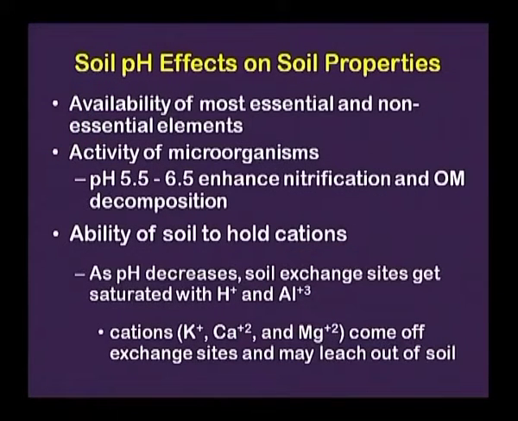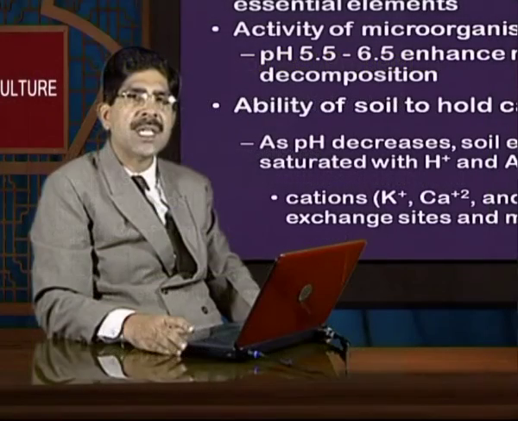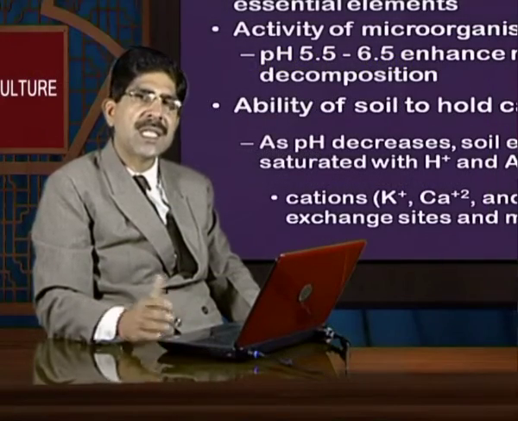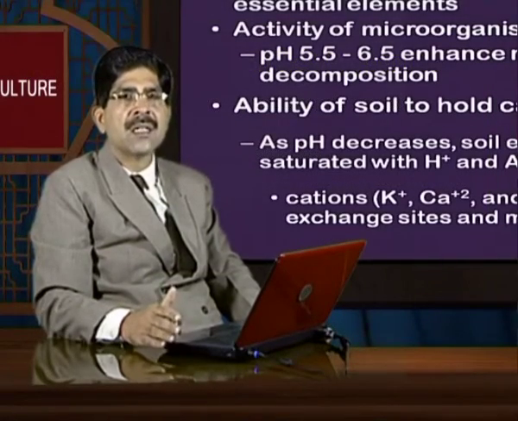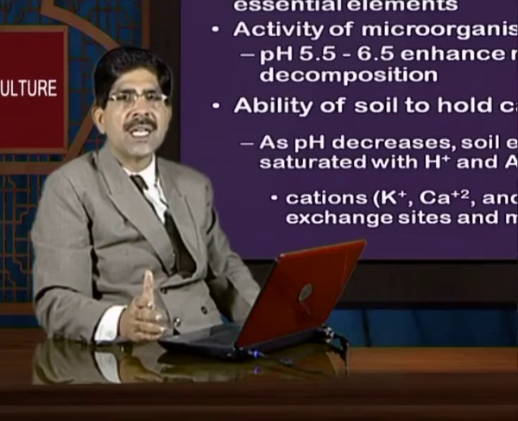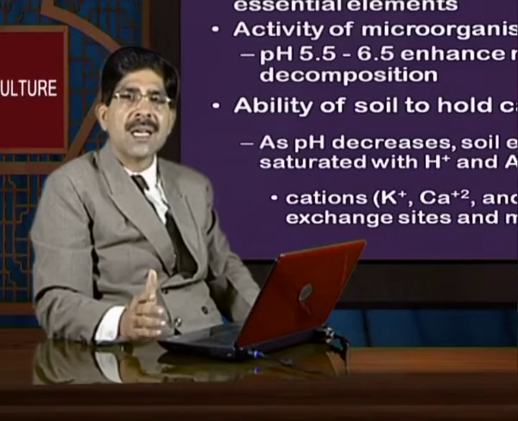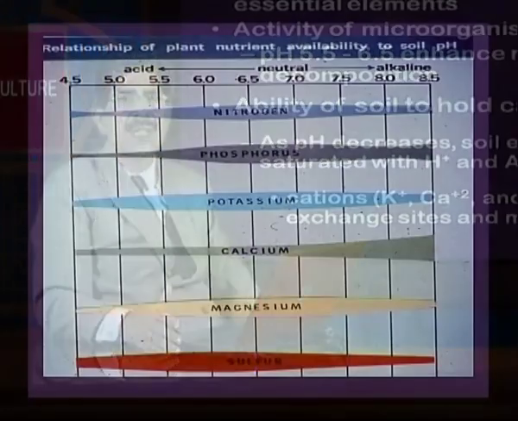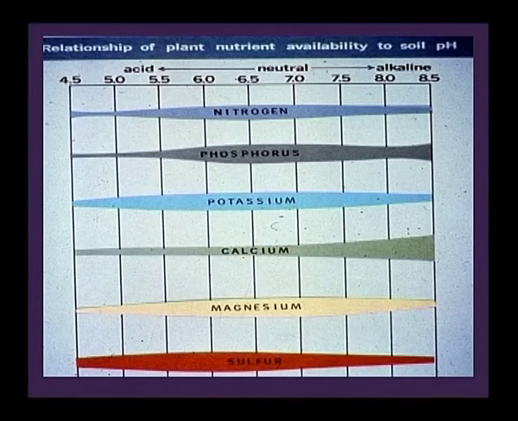So the availability of nutrients largely depends on the pH of the soil. The micronutrients availability increases when the pH is decreased, whereas most of the nutrients are most available at the neutrality point in the soil. This is the picture showing the relation between pH and nutrient availability in the soil.